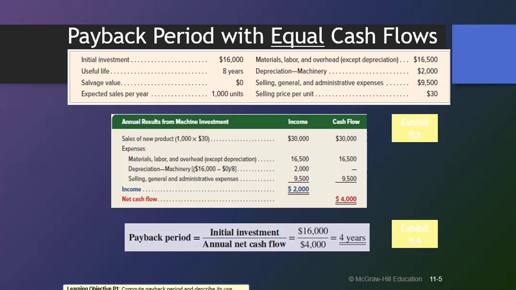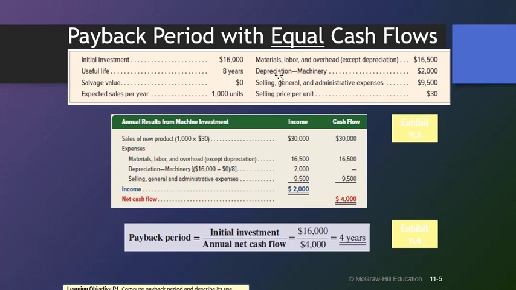Okay, so we know what our initial investment is. The initial investment is pretty easy. They give that to us, $16,000. What becomes a little bit more difficult is determining the annual net cash flow. That's where all of this other information comes into play. So now remember, we are looking at cash flow.